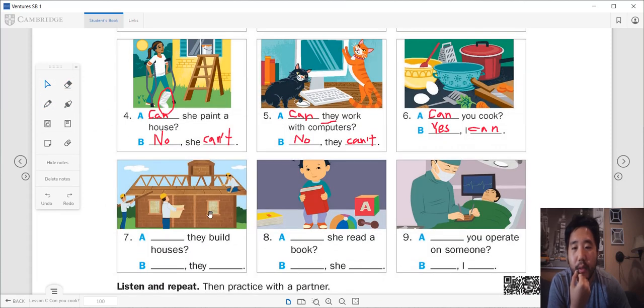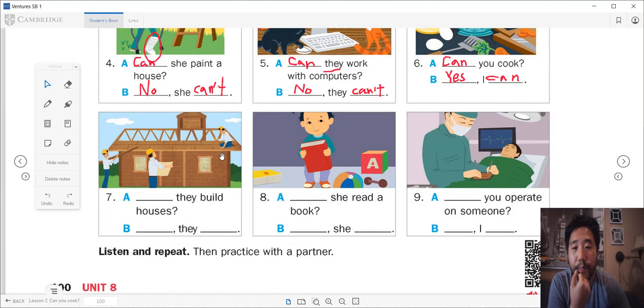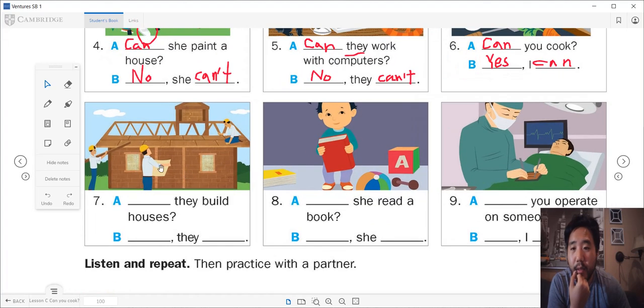Now 7, 8, and 9. So we have 3 construction workers. They're fixing the roof, or they're building a roof for the house. And so again, number 7, blank, they build houses.